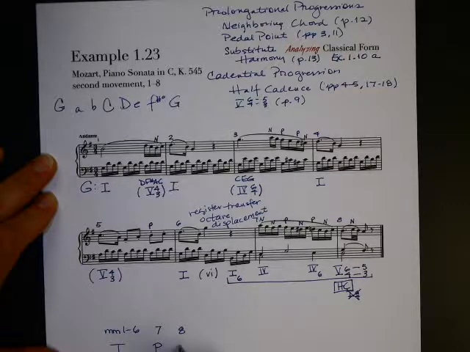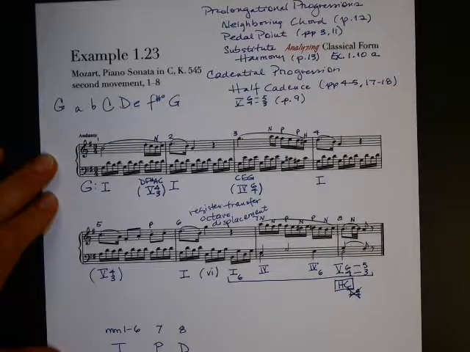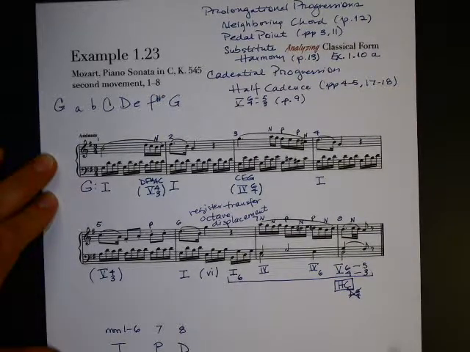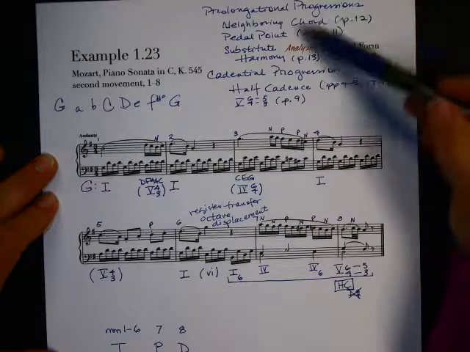This is not anything in Kaplan, I like to bracket units of harmonic function from tonic over to the next tonic. This ends on a half cadence, so I leave it an open bracket, and we certainly expect measure 9 to return to the tonic. This concludes our discussion of example 1.23, in which we discussed 3 different types of prolongational progressions and a half cadence.